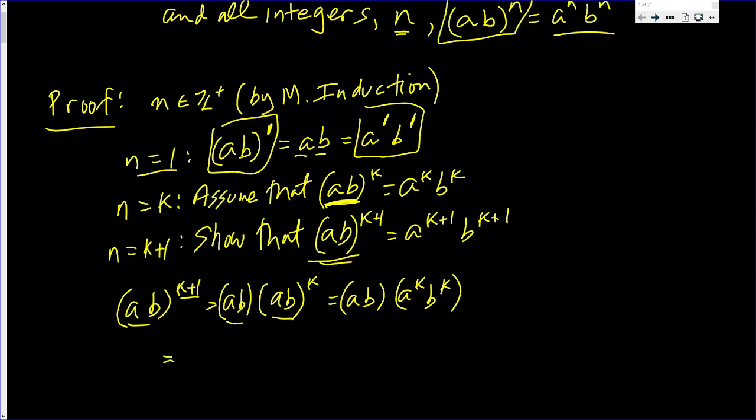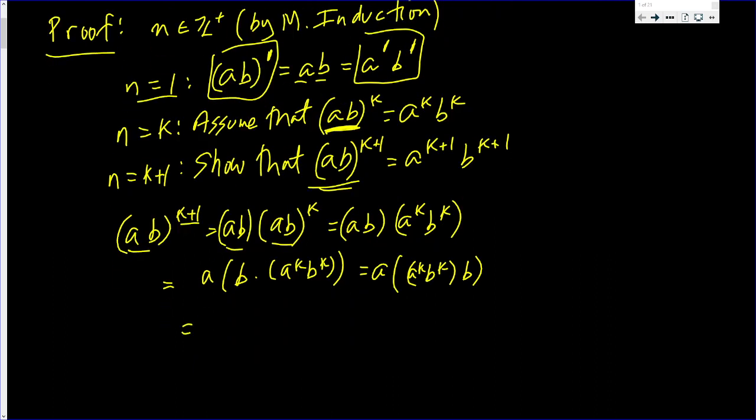Using the associative property, this is A times B times A to the k, B to the k. Using the commutative law, this is the same as A times A to the k times B to the k times B. Using the associative law inside the big brackets, we have A times A to the k times B to the k plus 1.